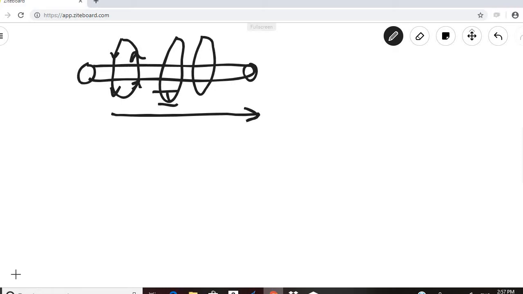If these are your fingers, your fingers are curling in this direction.